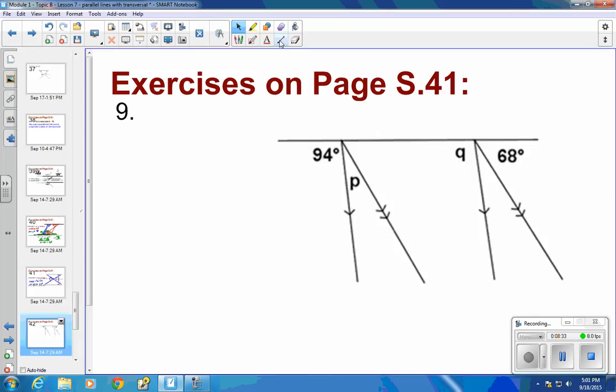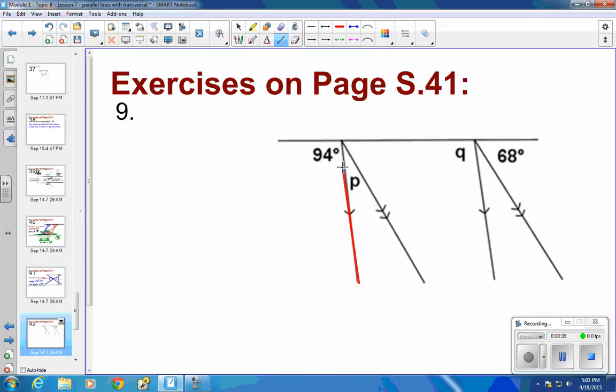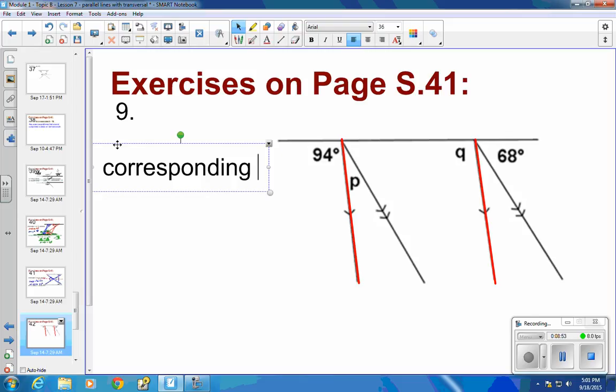Okay, this one gets a little bit more complicated, so let's put in some more colors here. So if I have this piece here, that line would be parallel to this line because they both have one arrow on them. And so then I can use corresponding angles.